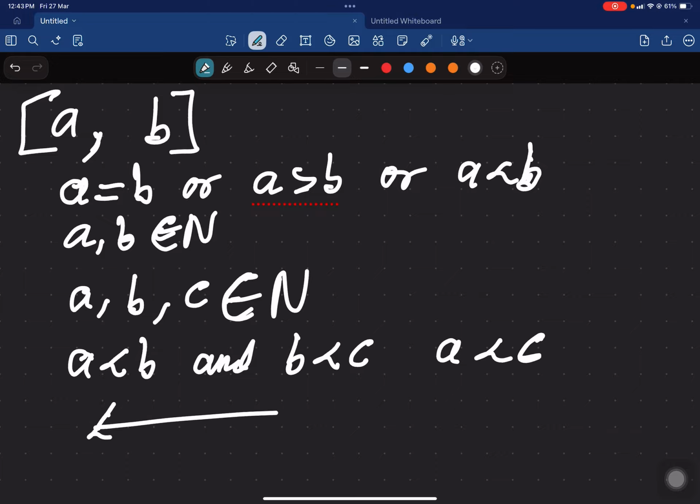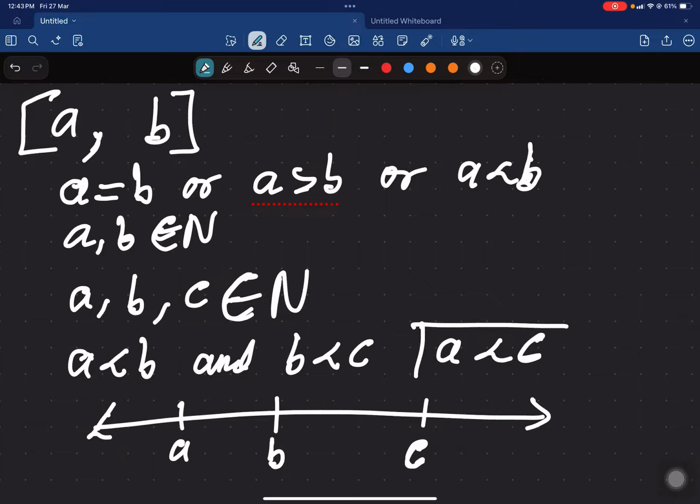Let me represent it on a number line. Say a is here, and a to the left of b means that a is less than b, and then we have b also less than c. On the number line we can see clearly that a is also to the left of c, hence a is less than c. So that's what the transitivity law is telling us.